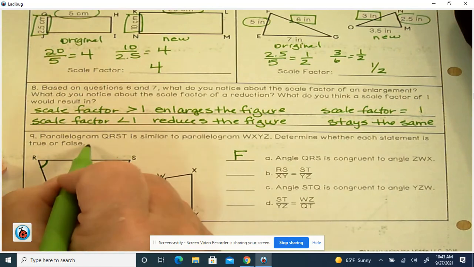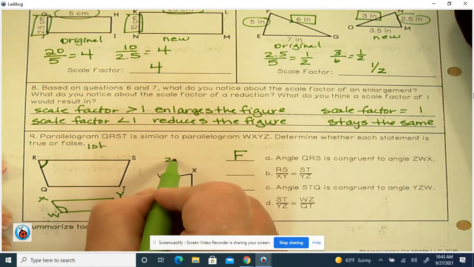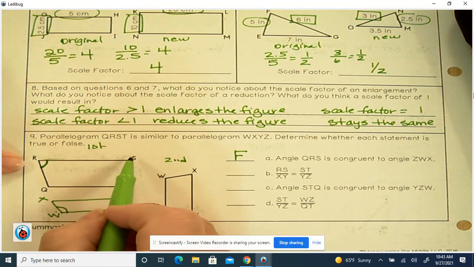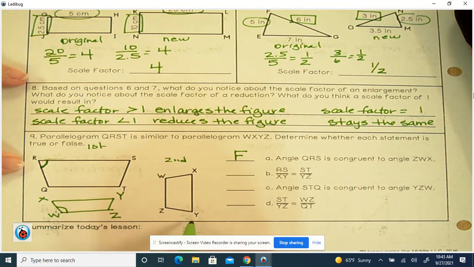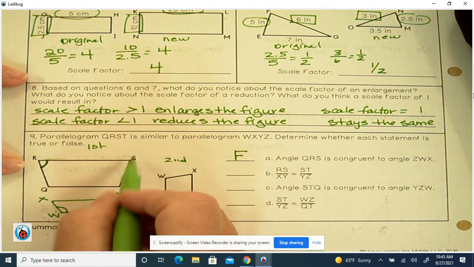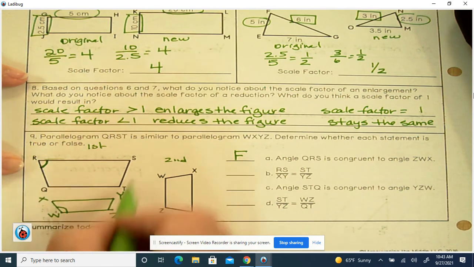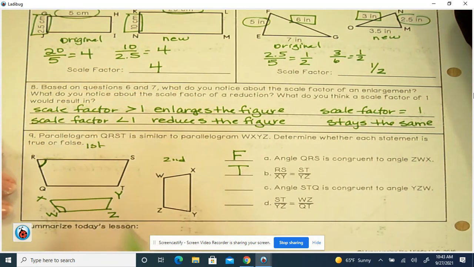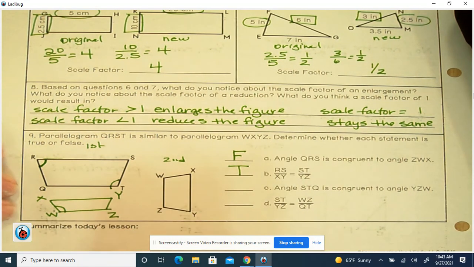Angle R, and this is the first figure, this is the second figure. So we've got RS over the first figure to XY over the second figure. And then you've got ST over YZ, and those are the same, so that is true. Angle STQ is congruent to YZW.